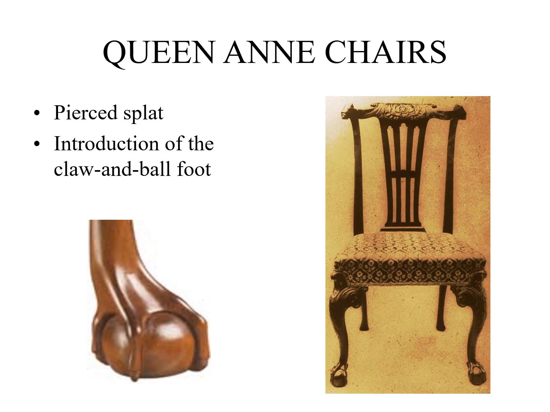At the same time, the club foot disappeared and the claw and ball foot was introduced. This is supposed to have been taken from the Chinese symbol showing the dragon's claw clasping the pearl of wisdom. Stretchers between chair legs were discontinued after 1708.